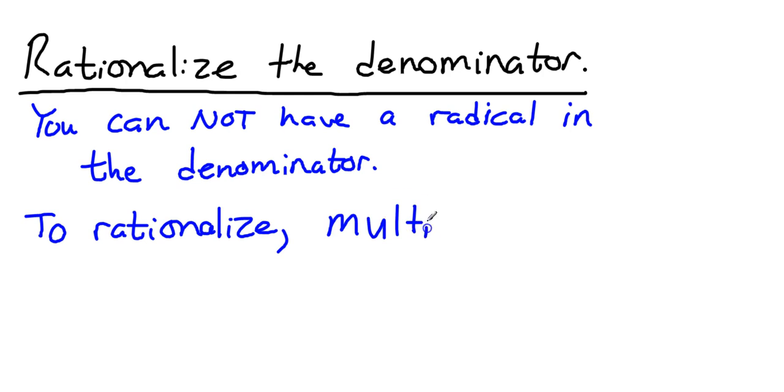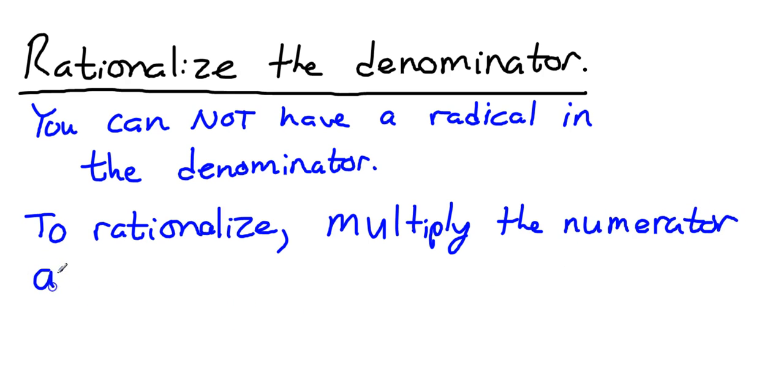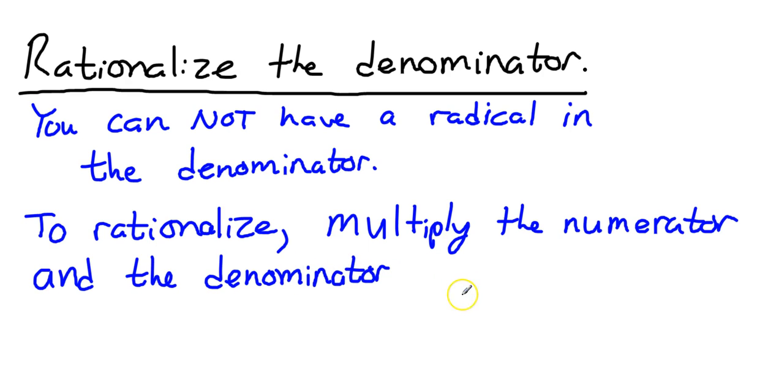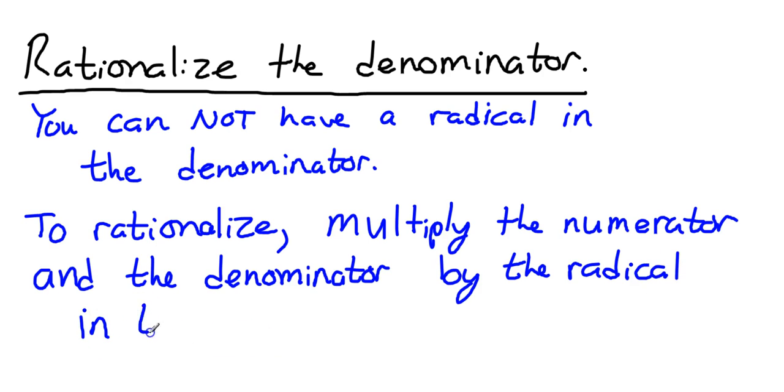So to rationalize it, we're going to multiply the numerator and the denominator by the radical in the denominator.